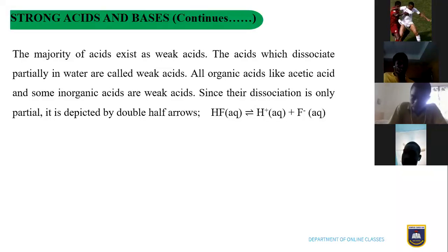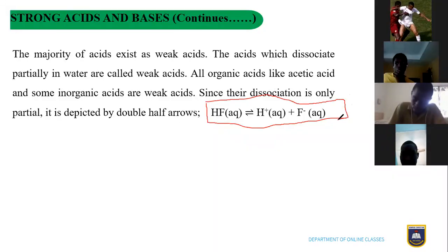Now, since their dissociation is only partial, it is depicted by double half arrows. So you see this equation here. Because the dissociation of a weak acid is only partial, we use the double half arrow, what we call the equilibrium sign, to write that equation for weak acids. What it means is that there's always an equilibrium between the unionized part of the acid, the one that has not ionized, and the very few that have ionized.